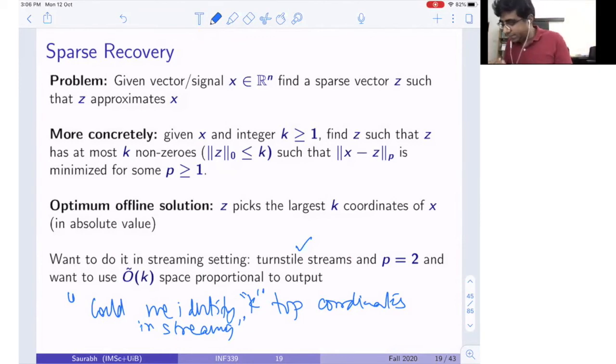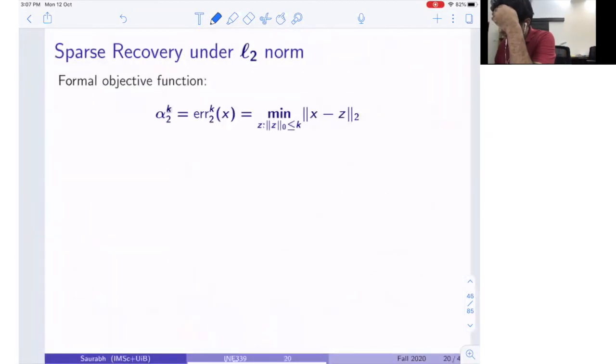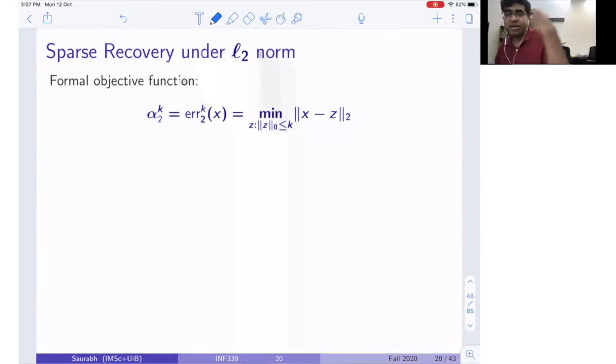So it seems useful that for this problem, one of these sketches, in some sense, we should be able to use it. And that is what we will see in a minute. So let me define my formal objective function.